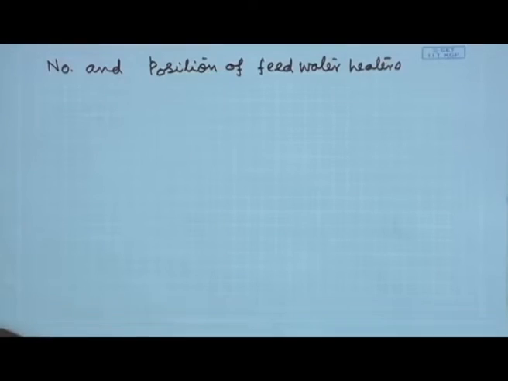First thing is that addition of feed water heater increases the efficiency. But the incremental increase in efficiency by the addition of the next feed water heater is less than that of the first.